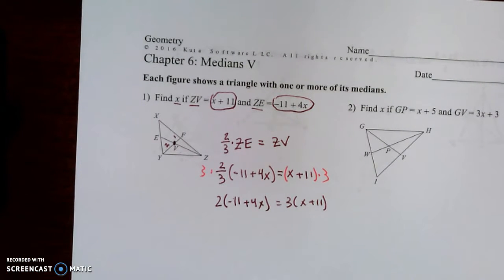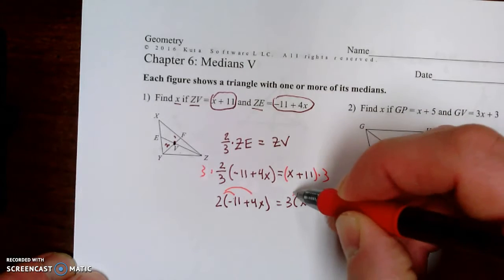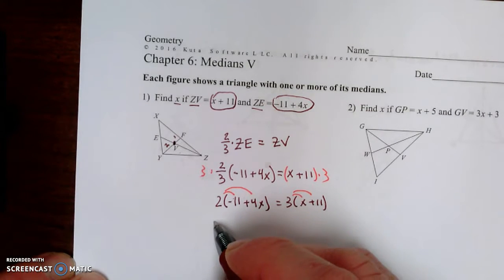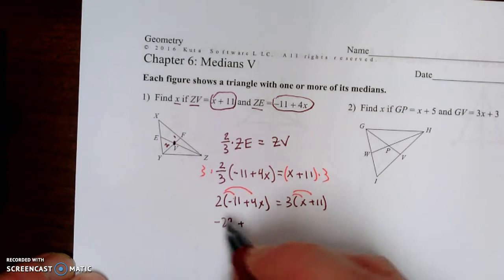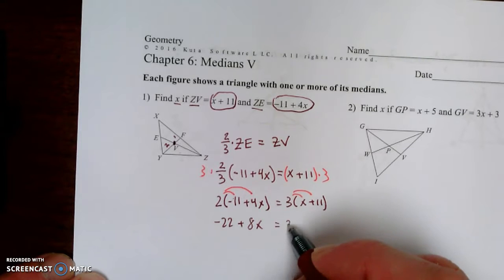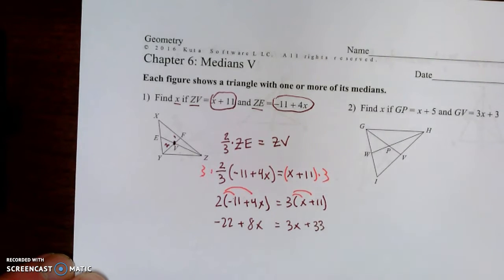Now, in a certain sense, we've actually made more work for ourselves, but we did get rid of the fraction right away, so that we don't have to worry about it anymore. It's gone. Okay? So now we'll go ahead and distribute on both sides. So 2 times -11 is -22, plus 2 times 4x, that's 8x. 3 times x is 3x. 3 times 11 is 33.